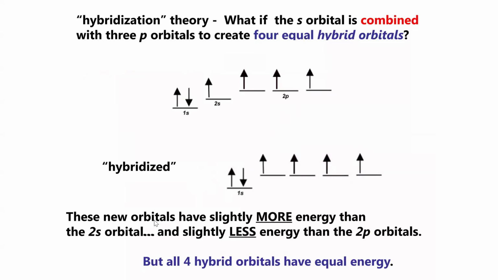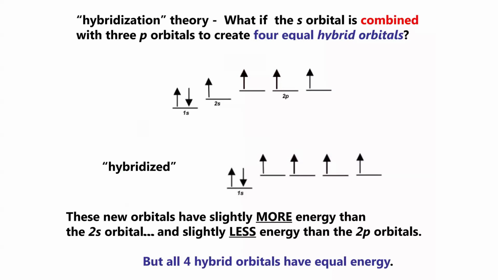When they combine, the new orbitals have slightly more energy than the 2s orbital and slightly less energy than the 2p orbitals. Hybrid orbitals have unique properties that differ from the individual orbitals.